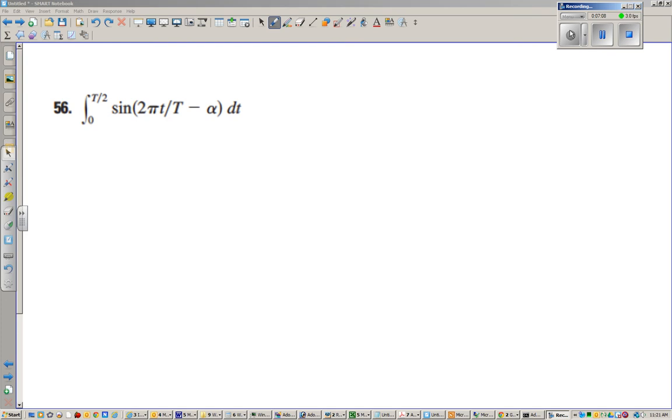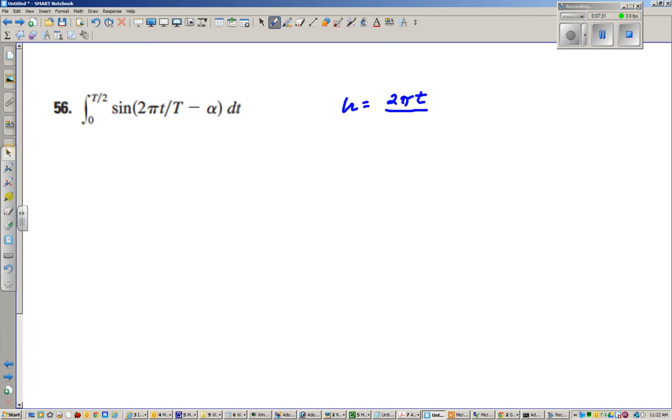For the last example, I've chosen number 56, maybe just because it looks ugly, and maybe you would be intimidated by such a problem, but let's take it apart and see what we can do with it. First of all, that whole expression inside the parentheses, let's be very clear about what that is.